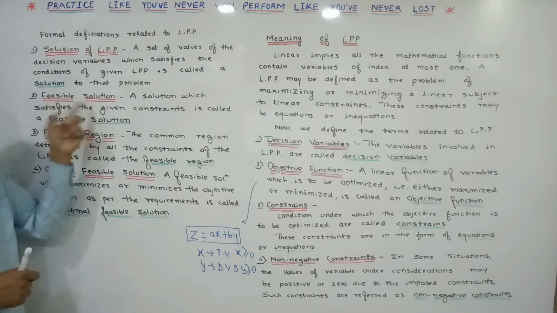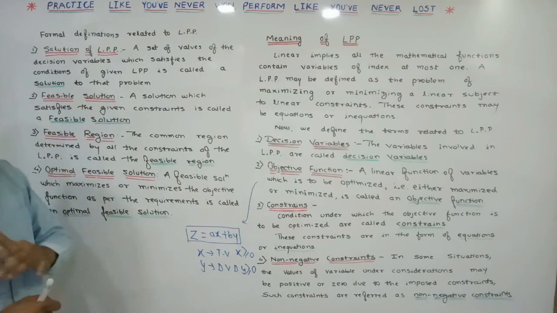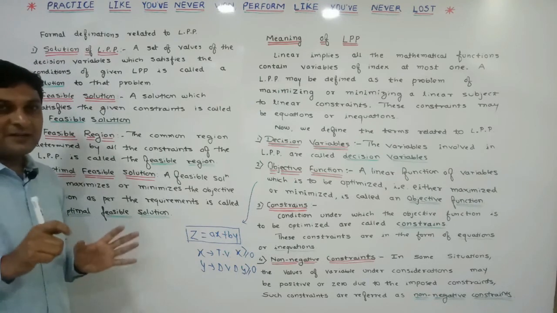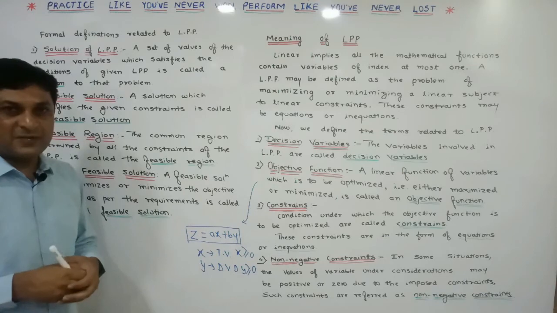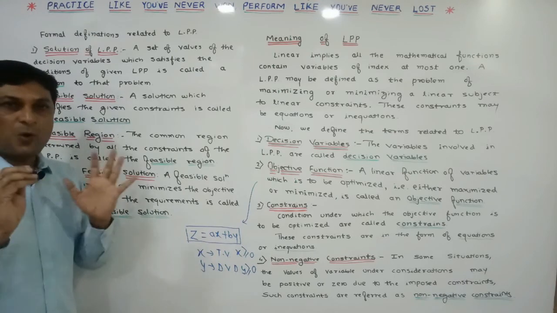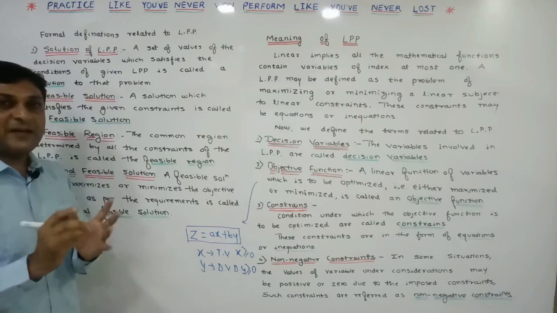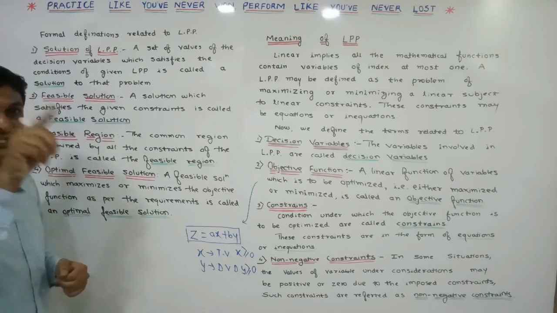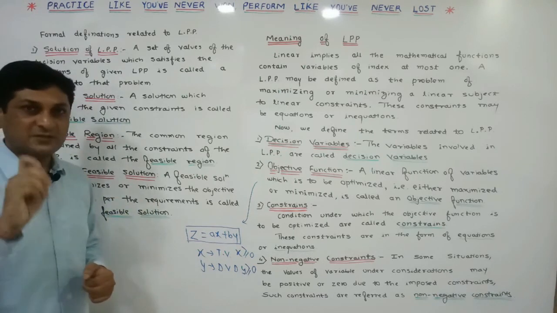Then the feasible solution. In the last video we saw how to find the feasible solution of the constraints. Some constraints are given to us, and we find the set of all points which satisfy all the constraints. That set of points, the shaded portion in the last video, is called the feasible solution.